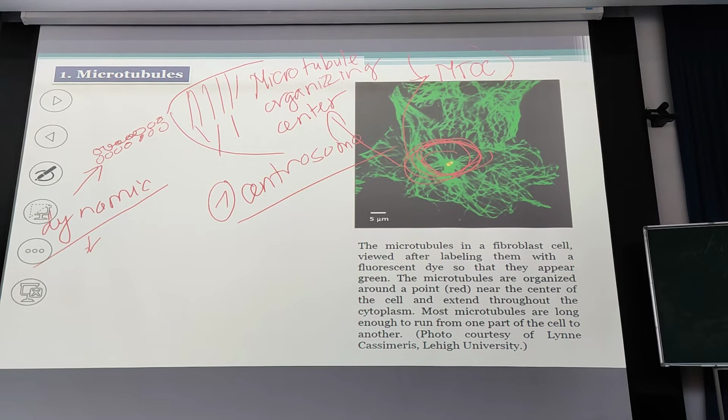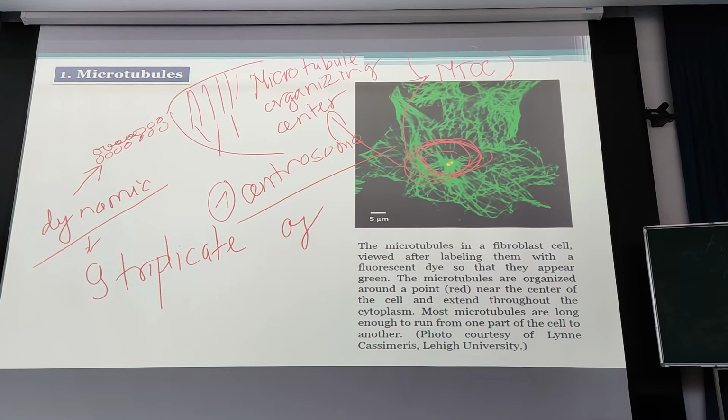The centrosome is made of two centrioles, and the centriole is nine triplets of microtubules.